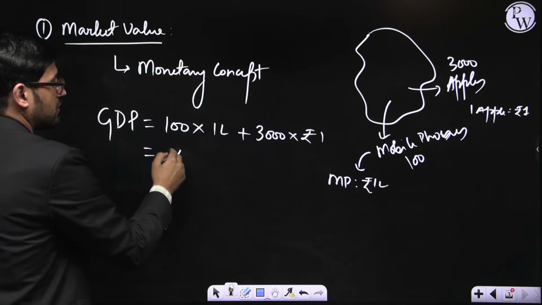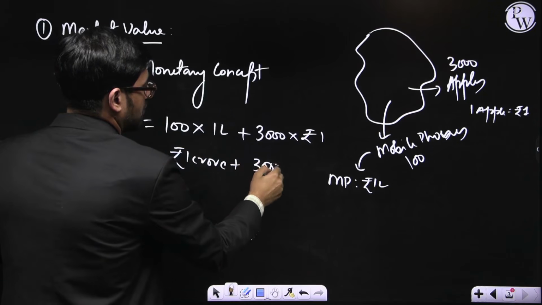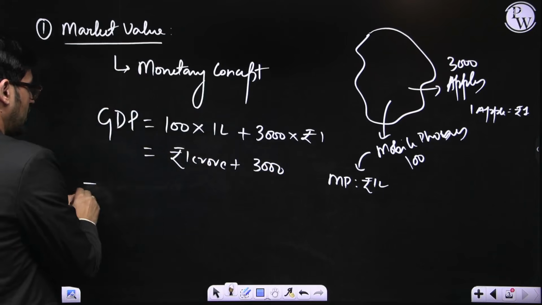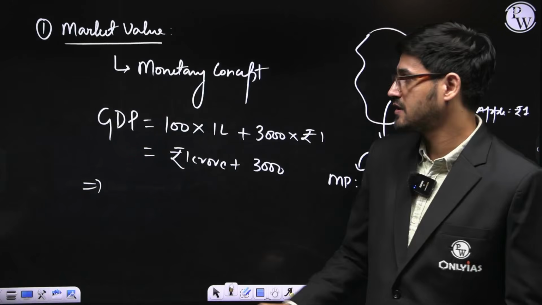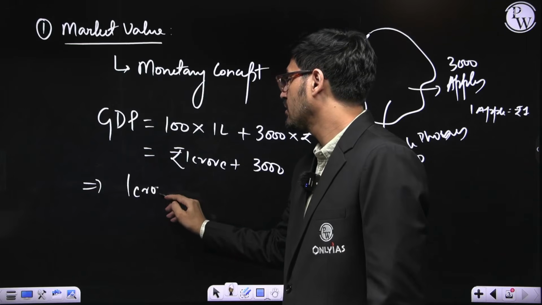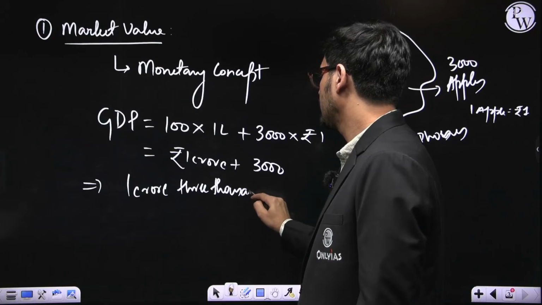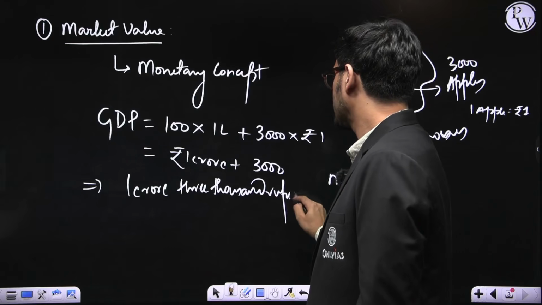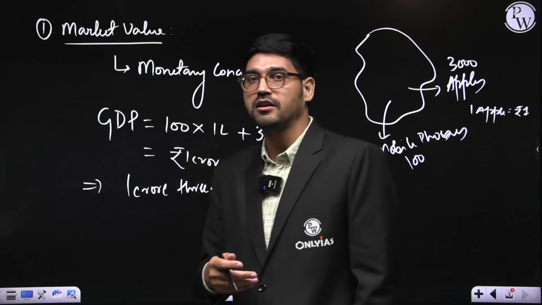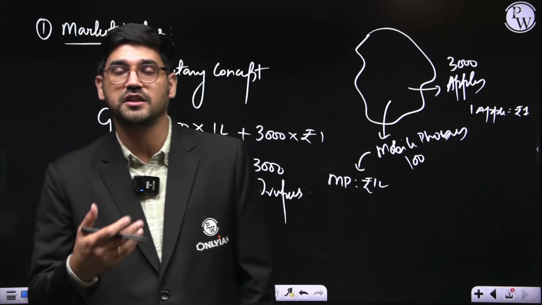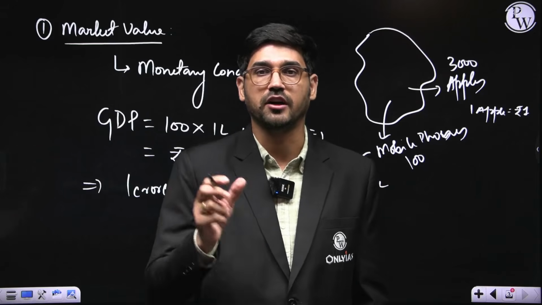This will give us 1 crore plus 3,000 rupees. We will say that the GDP of this economy calculated at market prices is 1 crore 3,000 rupees. We do not express the value of GDP in terms of quantity or in terms of a description of what we produce. We express the value of GDP in money terms.